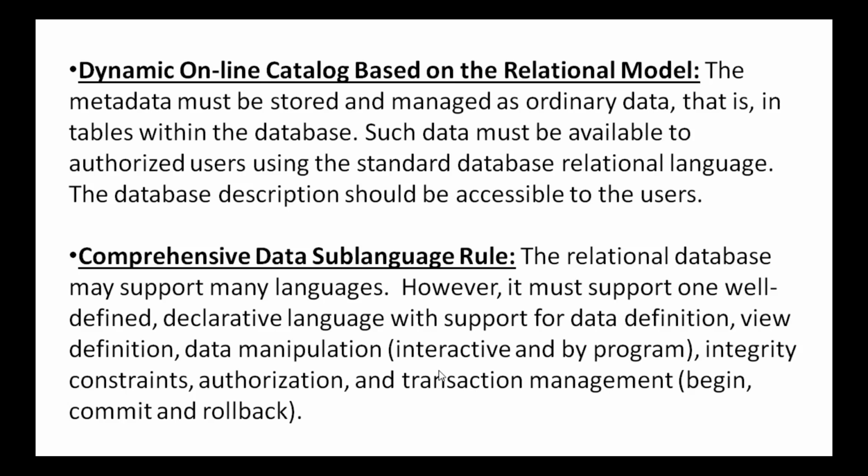That metadata must also be stored and managed as ordinary data, that means in tables within the database. The main motto is such metadata must be available to authorized users using the standard database relational language. That means the database descriptions, the data about the data, should be accessible to the users.